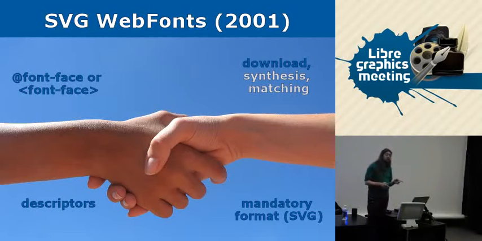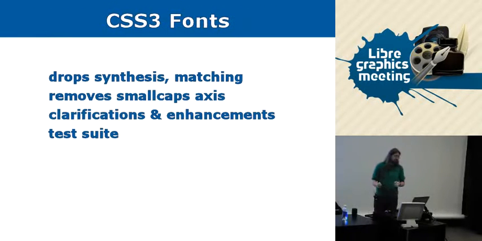So that actually worked quite well, and in lots of phones that use SVG, you'll find that the content you download either includes or links to a font, which, on a phone, you've only got room for a small amount of text anyway, so you can subset the font, and it works pretty well. So, bringing us more up to the present, CSS3 fonts drop synthesis and matching, just like SVG did, because that stuff basically doesn't work.